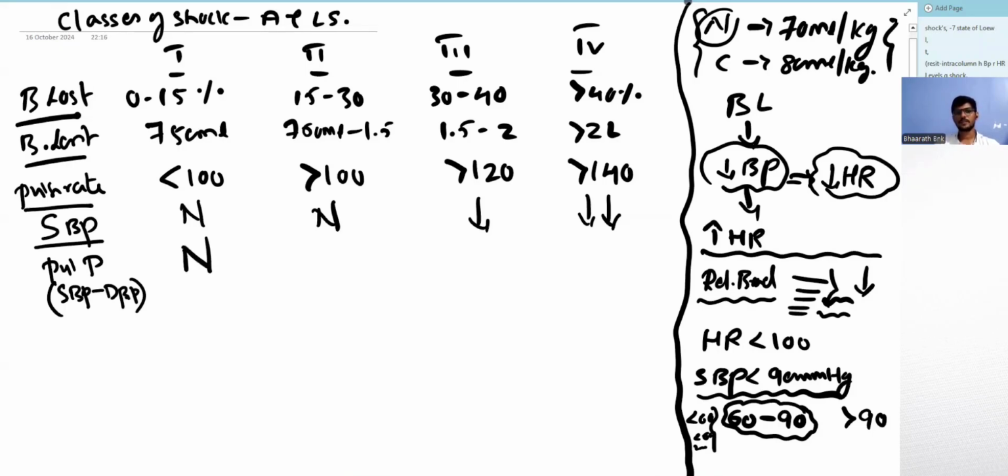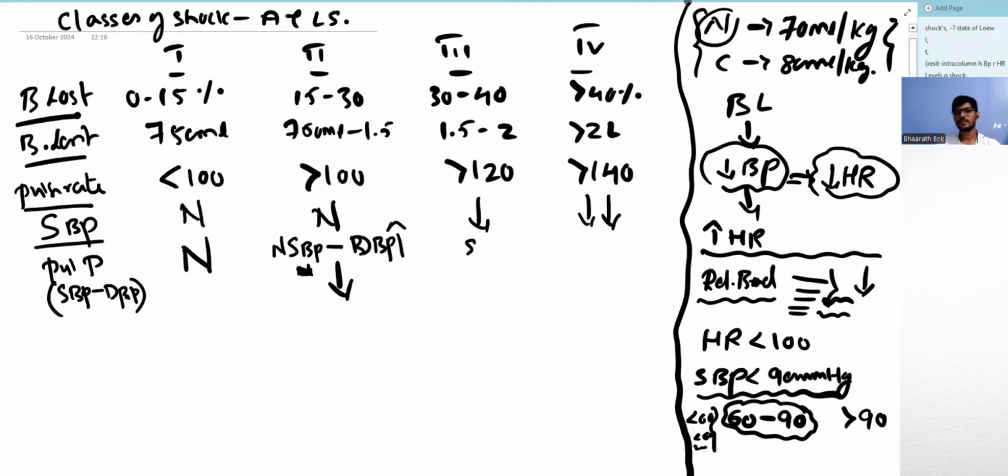But here, systolic BP is normal, but because of the activation of the sympathetic nervous system, the diastolic BP, sorry, it increases because the sympathetic system gets activated. There is vasoconstriction. So because of vasoconstriction, this remains normal. This increases. As a result, pulse pressure narrows down. So pulse pressure falls here. Now, the cause for the fall of pulse pressure in a class 2 shock is the rise of diastolic BP.